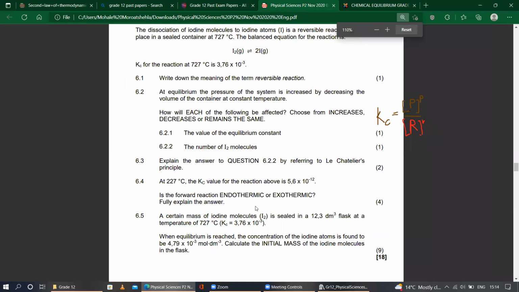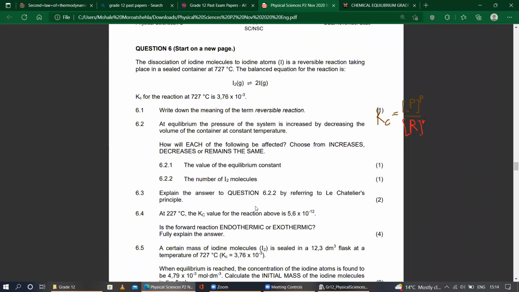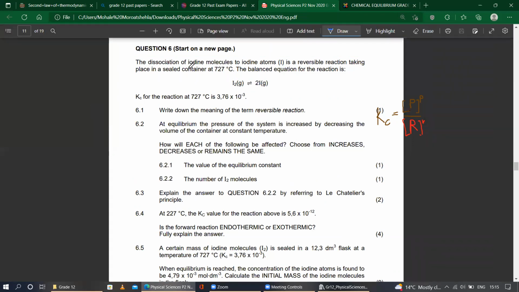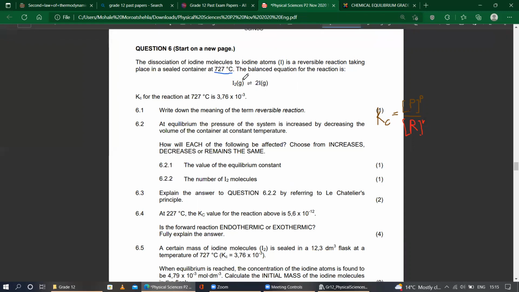They say the dissociation of iodine molecules to iodine atoms is a reversible reaction that takes place in a sealed container at 727 degrees Celsius. And here we have the balanced equation, and they gave us the Kc.